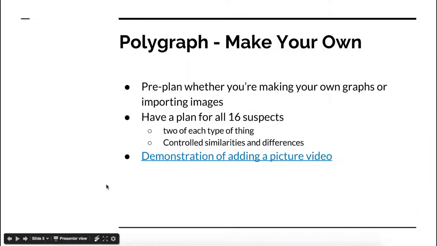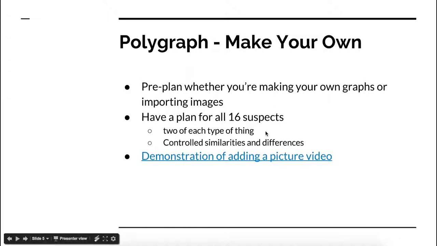The last thing I wanted to cover related to the polygraphs is things to keep in mind when you're making your own. Because you have to come up with 16 suspects, it's a good idea to have a plan in mind of whether you're going to make your own graphs or import images, and what your goals are to help you come up with your 16 suspects.